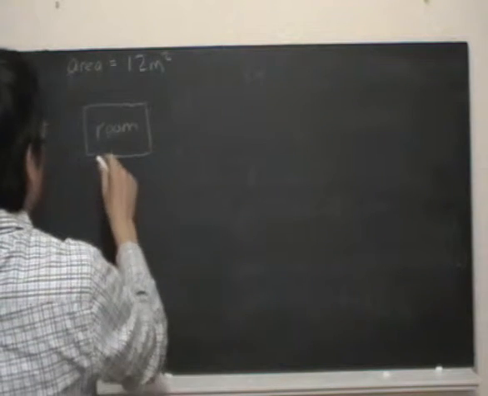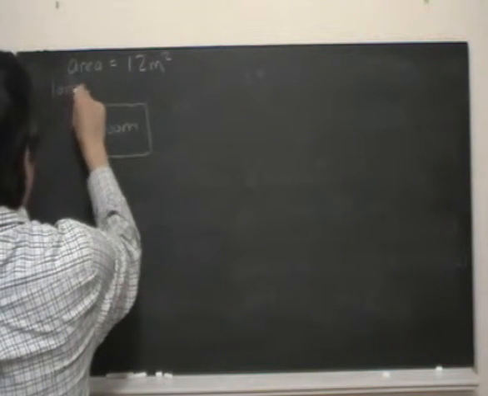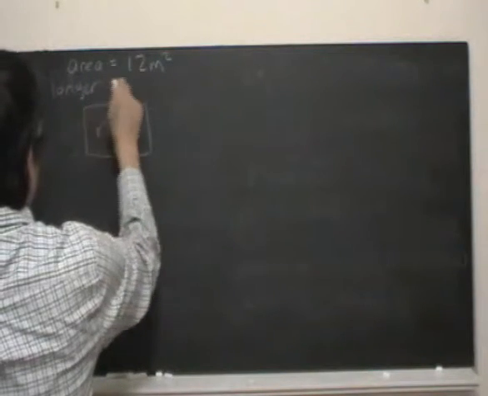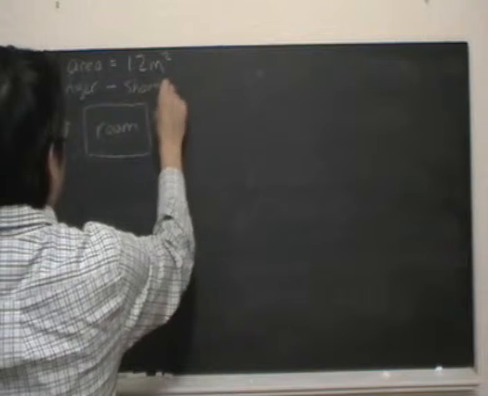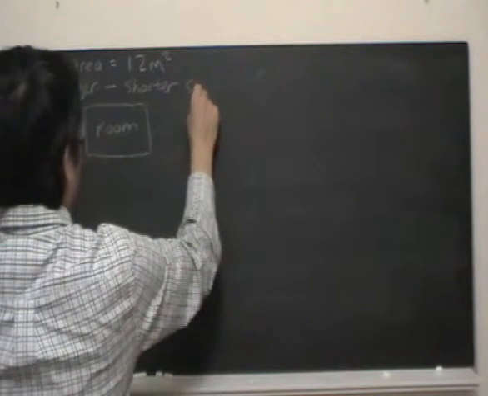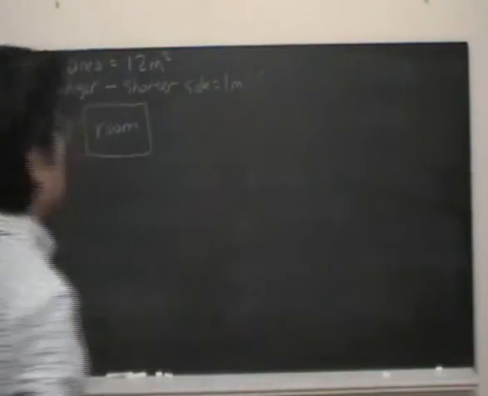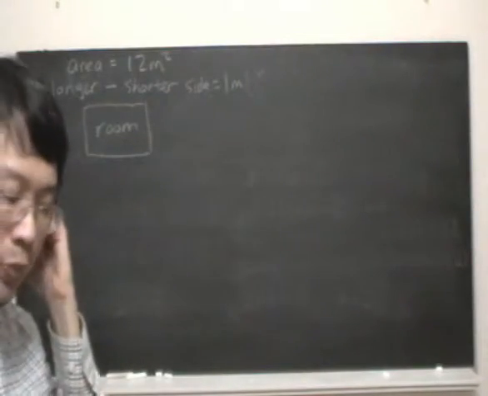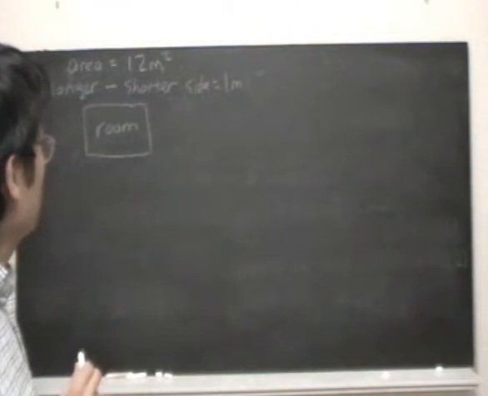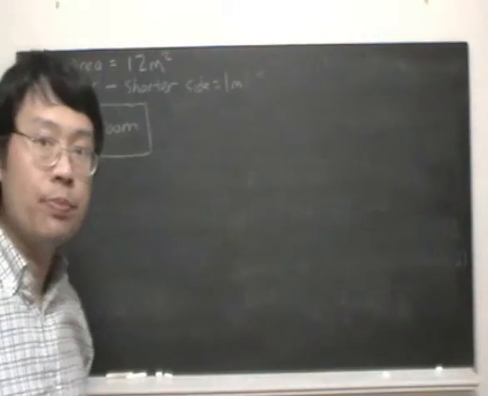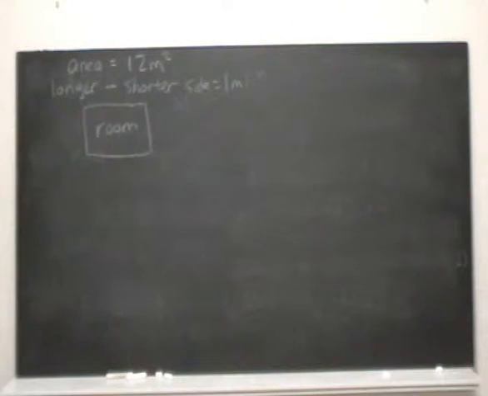So that means that the longer minus the shorter side is 1 meter. So the problem is to find the sides. What are the lengths of each side of this room?